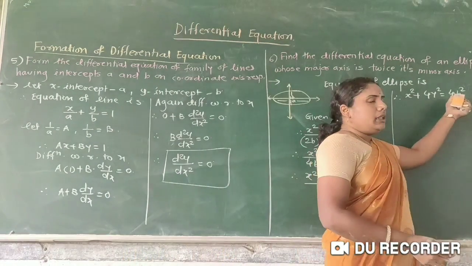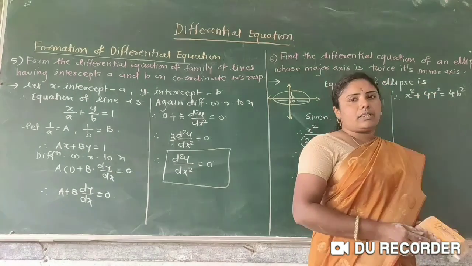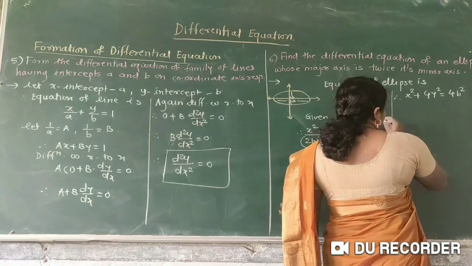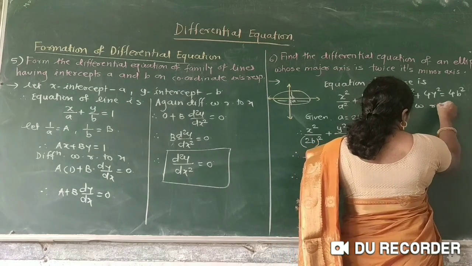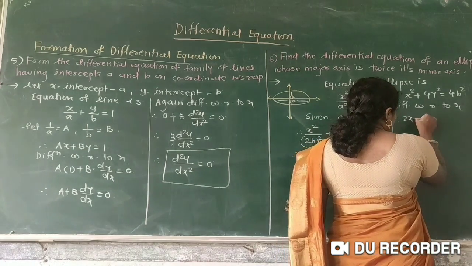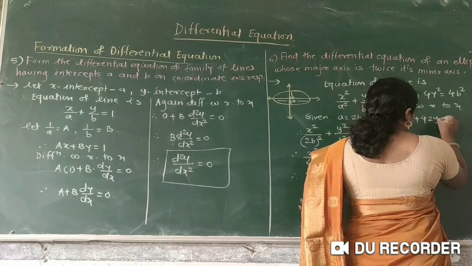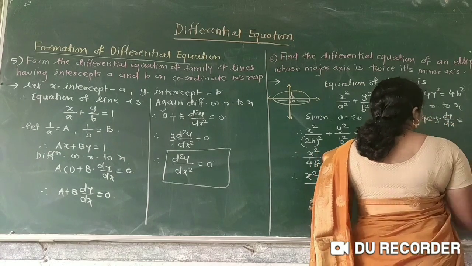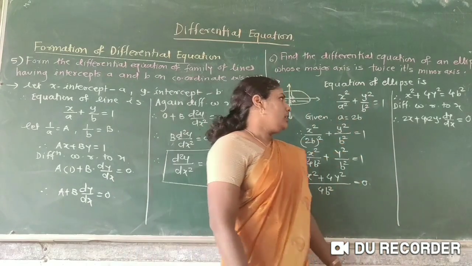Differentiate this equation. Here b is the only arbitrary constant. Therefore, this equation can be differentiated only one time. Then we can eliminate the arbitrary constant. Differentiate with respect to x, we get the derivative of x square is 2x, plus 4 is the constant, the derivative of y square is 2y into dy by dx, equal to 4b square, a constant, whose derivative is 0.